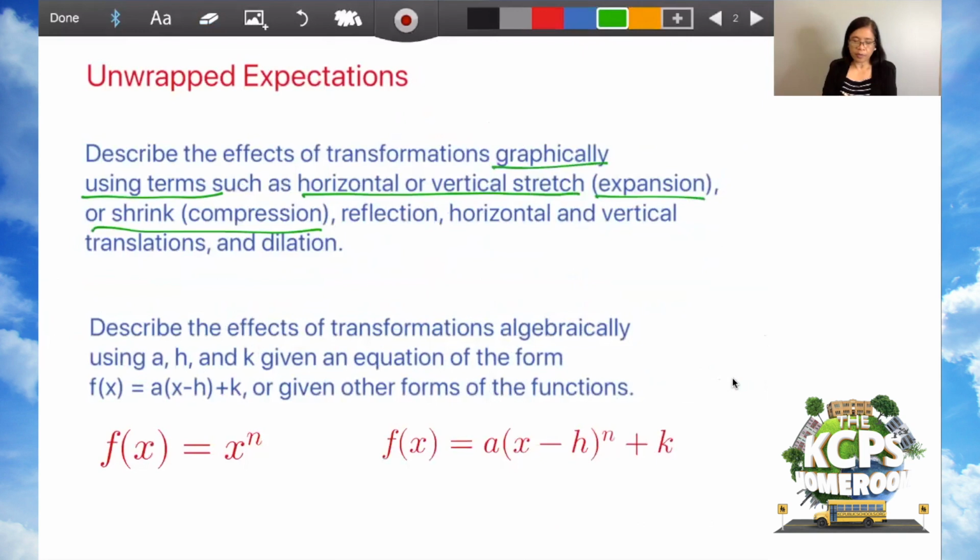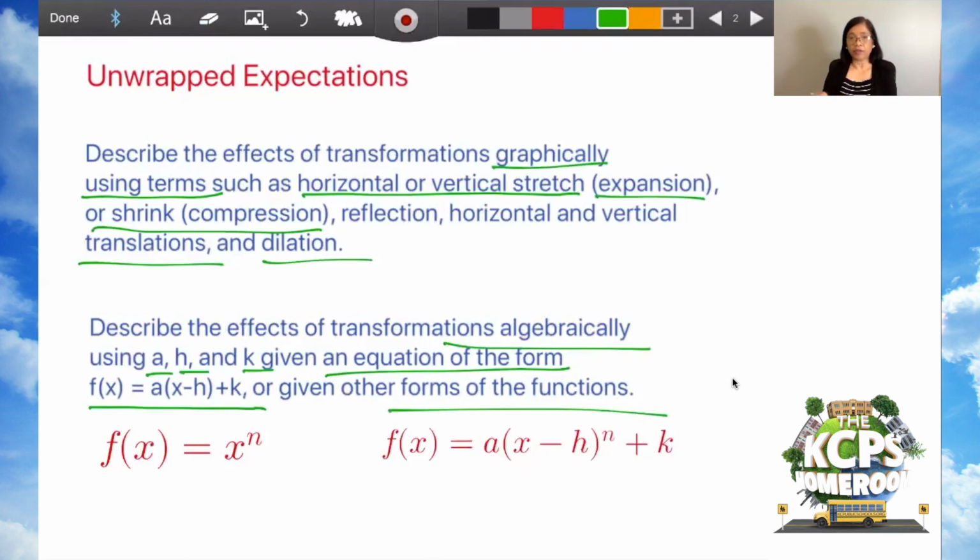We're talking also about translations and dilations. The second is: describe the effects of the transformations algebraically using a, h, and k, given an equation of the form f of x equals a times the quantity x minus h, plus k, or given other forms of the functions.